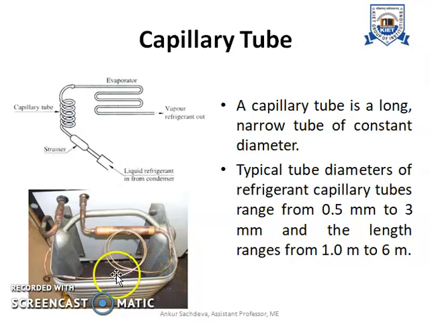Now the refrigerant passes into the evaporator. Due to the reduction in the area of the flow passage, a pressure drop will take place, first due to friction, and second, you know that as the area reduces, the pressure also reduces, which consequently leads to the flashing of the liquid refrigerant into vapor.